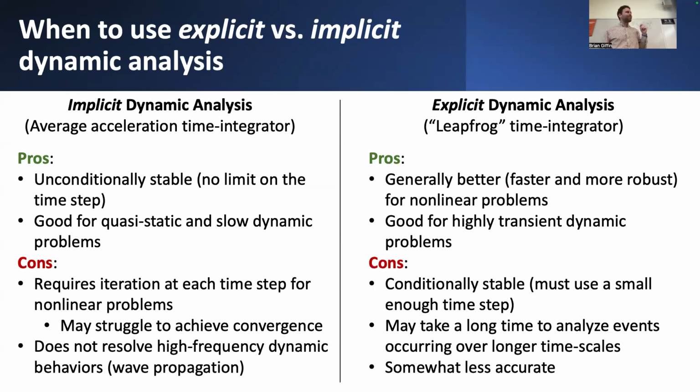Even though that's really expensive, there are certain cases where using those types of implicit dynamics algorithms is more advantageous than these explicit dynamics algorithms. And that's usually the case when you want to get around this stable time step restriction.